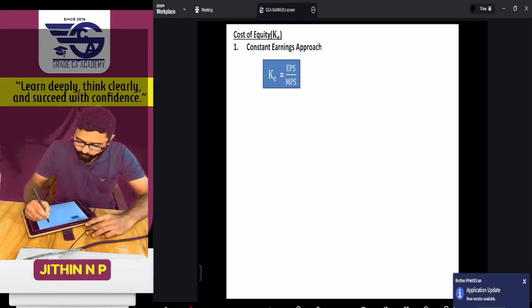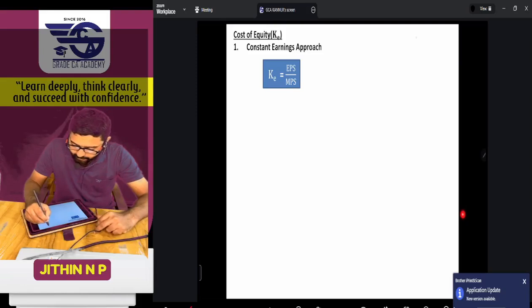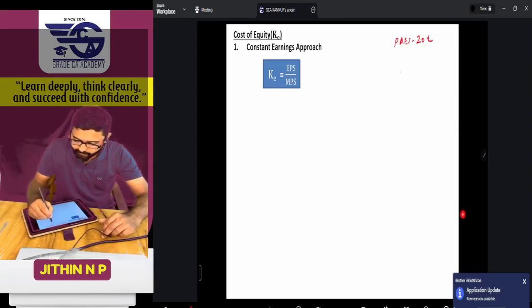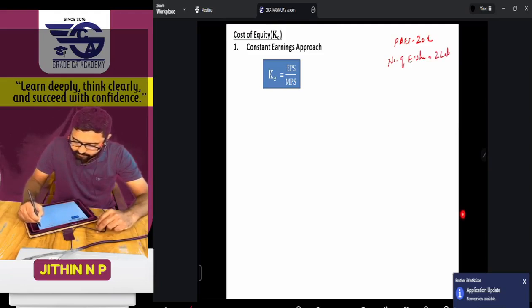Suppose one company's profit is 20 lakhs. Profit available to equity shareholders is 20 lakhs. The number of equity shares is 2 lakhs.